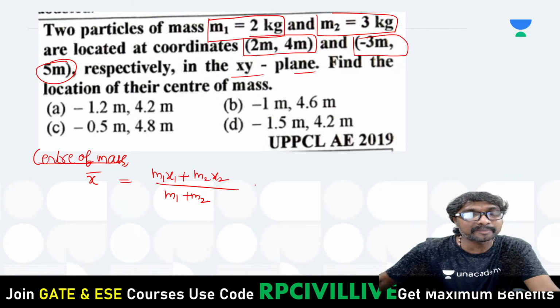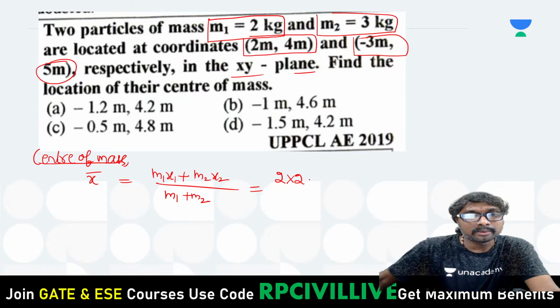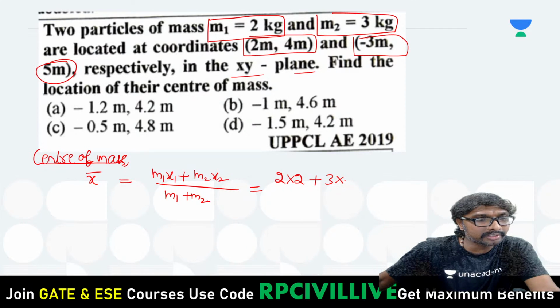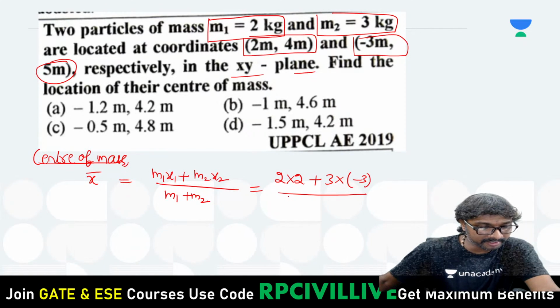This is your center of mass with respect to the x direction. M1 is 2 kg into x1 which is 2, plus m2 which is 3 kg into x2, which is minus 3, divided by m1 plus m2.